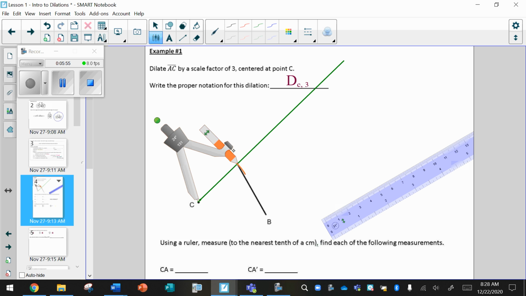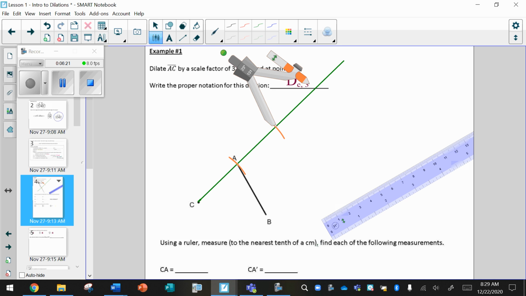I want to do a dilated distance of 3. So that means I'm going to take the distance from C to A that we just measured and mark it off 3 times. That distance that you see on the screen right now is considered 1. Now I'm going to slide my needle up to that first mark and mark it again. That's 2. One more time.